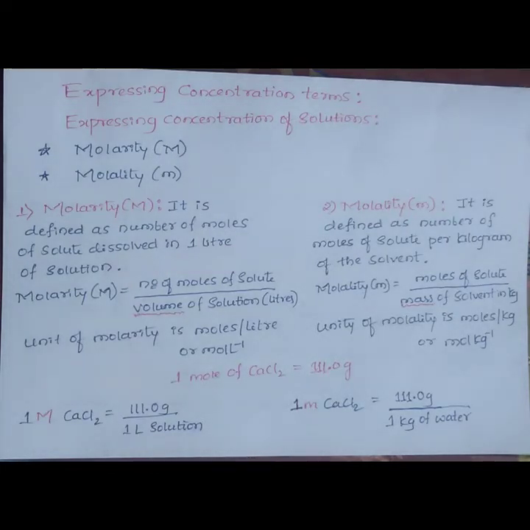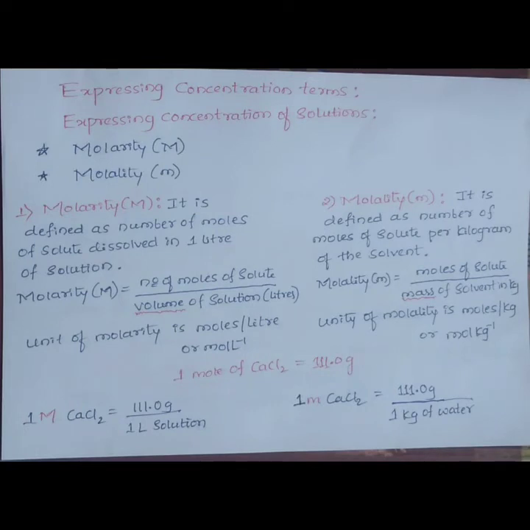Now let us consider an example. If I want to prepare a 1 molar solution of calcium chloride, then we have to prepare 1 liter of solution. To prepare 1 liter of calcium chloride solution having the concentration 1 molar, we have to dissolve 1 mole of calcium chloride in 1 liter of solution.